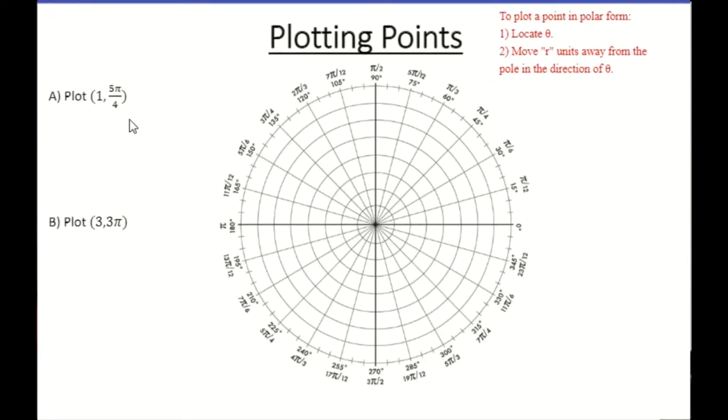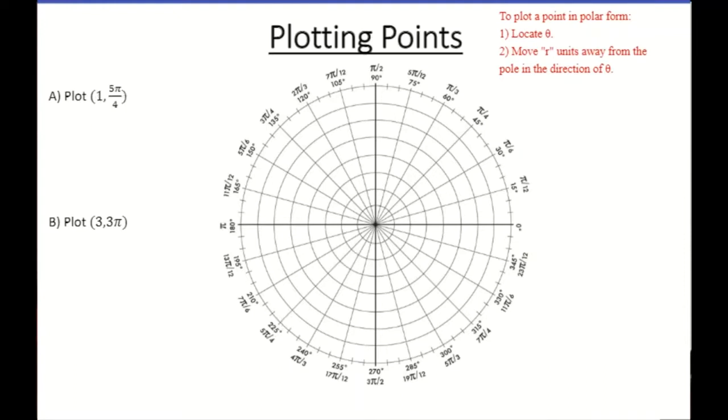So to plot a point, first we're going to locate theta. If we want to plot 1 comma 5 pi over 4, then we are going to find 5 pi over 4 on our unit circle. And it looks like 5 pi over 4 is going to be right down here at 225 degrees. So in other words, we are going to start at the pole, and we are going to work our way out from the pole along that terminal side.